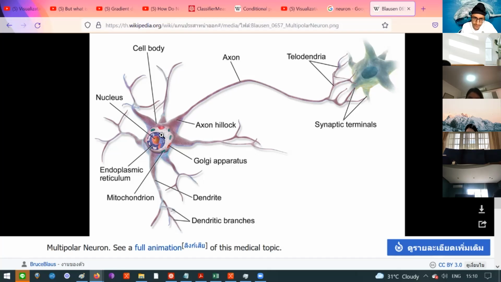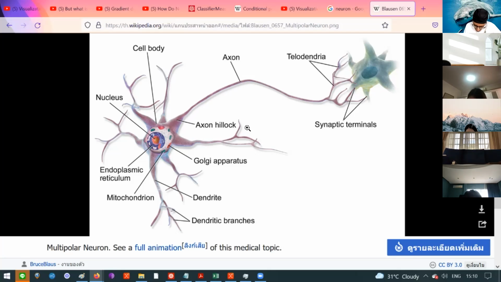The way it works is this. Each of these is like a contact point. So let's say we have 1, 2, 3, 4, 5, 6, 7, 8, 9, 10, 11, 12, 13, 14, 15, 16, 17, 18, 19, 20.